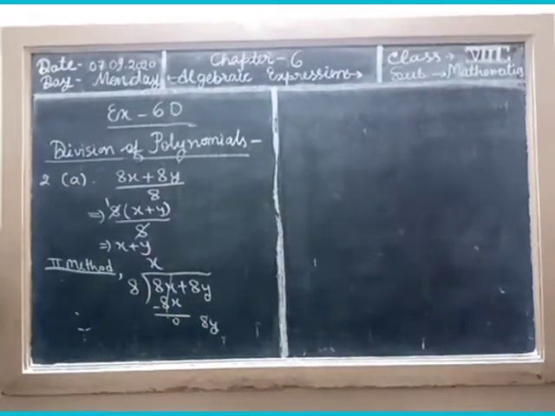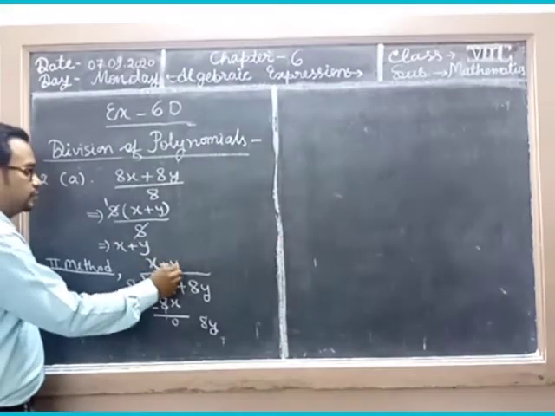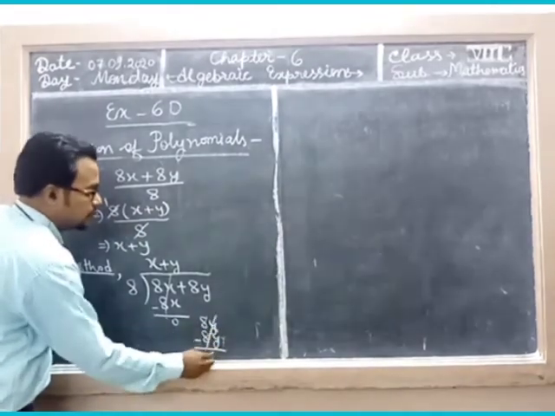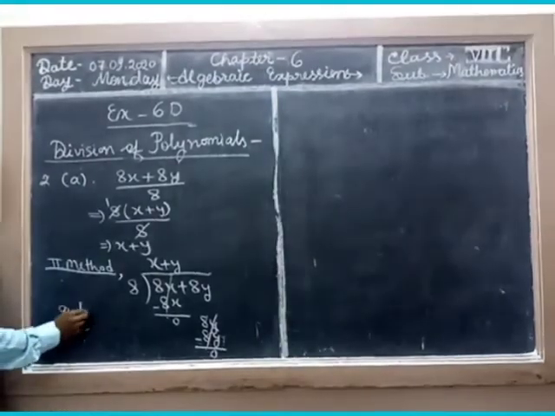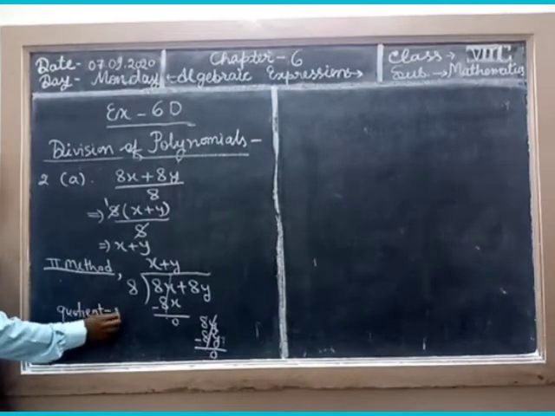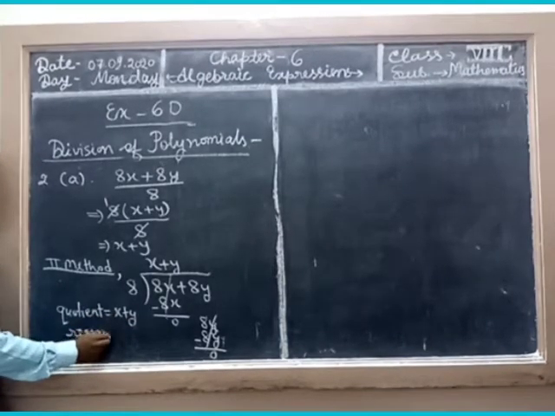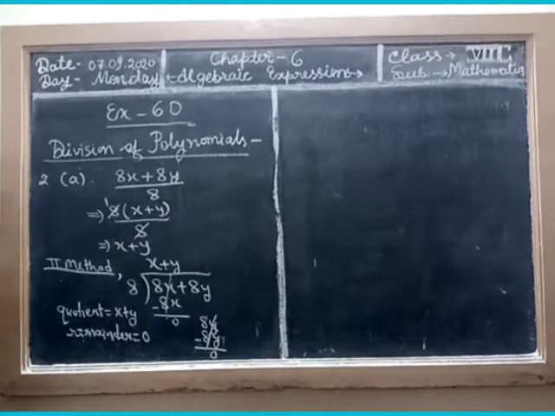So for getting 8y from 8, we multiply 8 by y. So 8y. Now minus, cancel out. So the quotient is x plus y and the remainder is 0. It means it is completely divisible. So there are two methods. One is the common method and the second is the long division method.